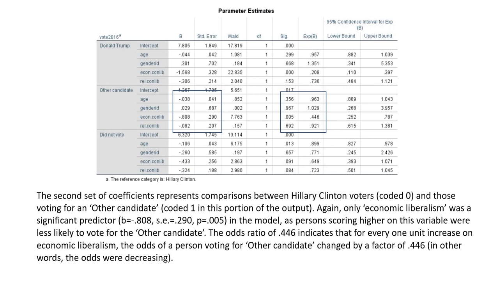The odds ratio of 0.446 indicates that for every 1 unit increase on economic liberalism, the odds of a person voting for other candidate changed by a factor of 0.446. In other words, again, the odds were decreasing with increasing values on the economic liberalism measure.